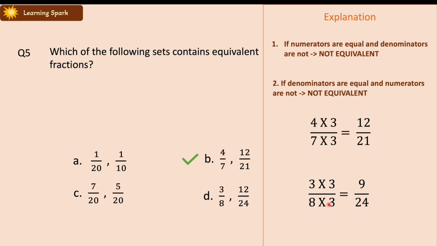Now you multiply the numerator by the same thing. So 3 into 3 comes 9. The equivalent fraction of 3 by 8 is 9 by 24. But here it is 12 by 24. So this answer is also wrong. And this is the only right answer that we have got.